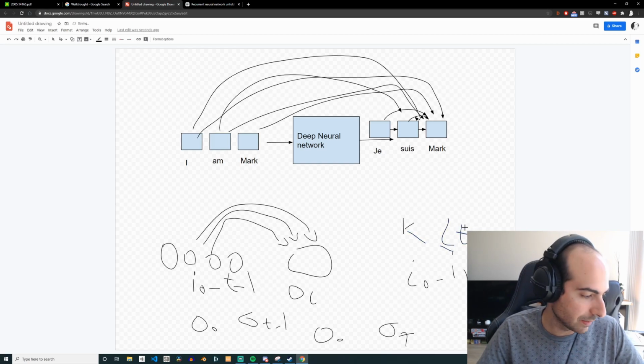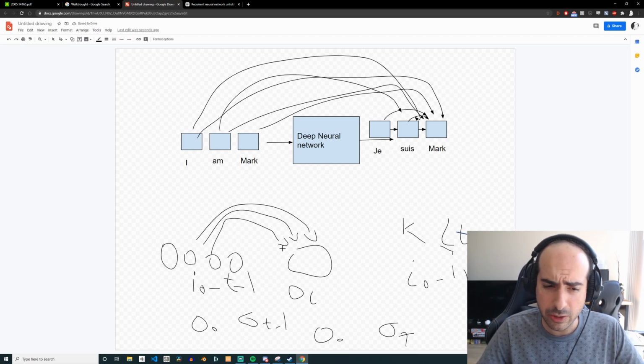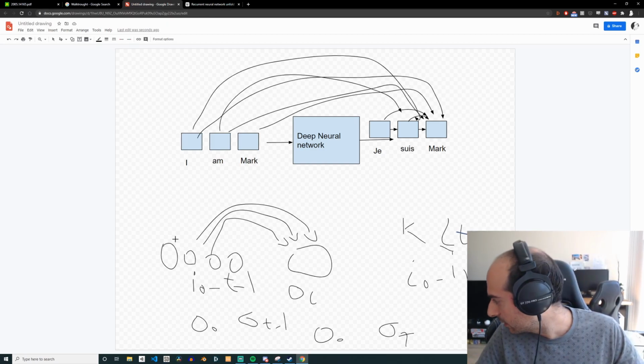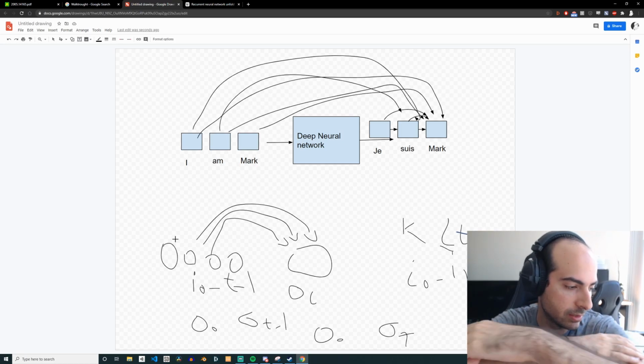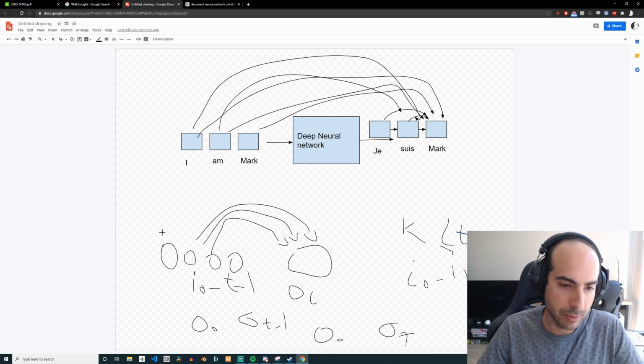People give this a name, localized attention. Or you could hard code these, make them skip connections, or make the connections random. There are a billion different ways you can do this, and definitely not just a single proposal.